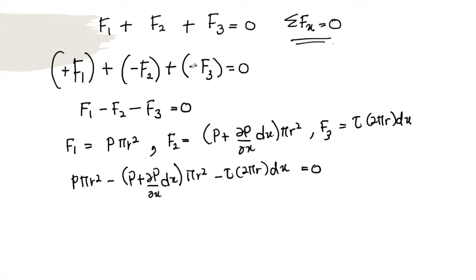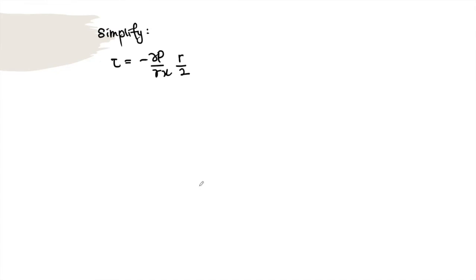The equation becomes tau equal to negative del P over del X times R over 2. Now I have already simplified it, and we get tau equal to negative del P over del X times R over 2.